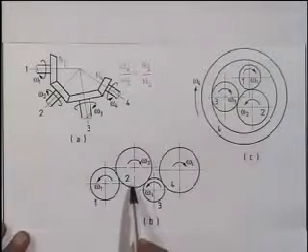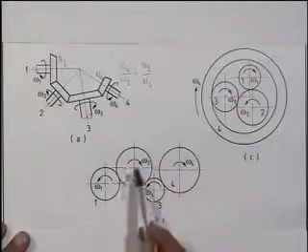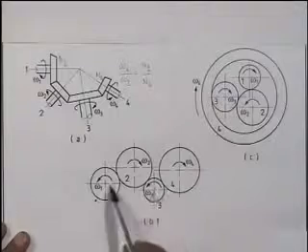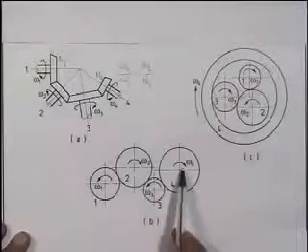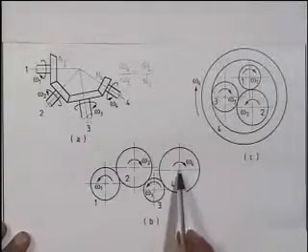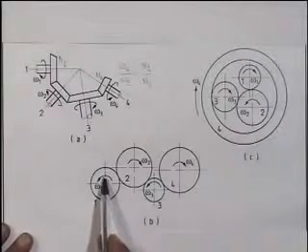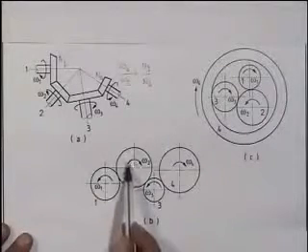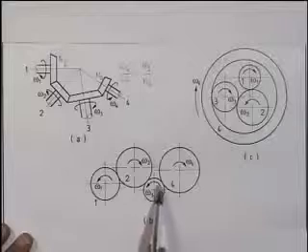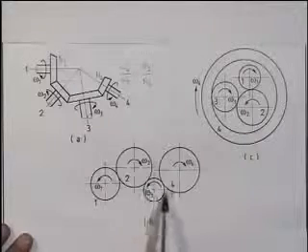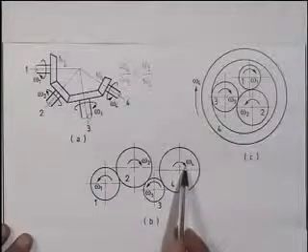Now let me take the example of this case where again it is a simple gear train. There are four shafts and on each shaft only one gear is mounted from input to the output. As we see, this counterclockwise rotation rotates this gear clockwise, which makes this gear rotate counterclockwise, which makes this gear rotate clockwise.